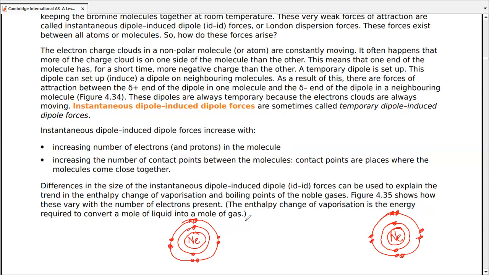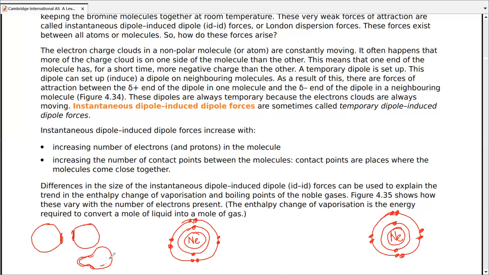Now, as long as they're far away from one another, there would be no forces of attraction. Once they come closer, the spherical atoms' electrons over here would repel the electrons over here. And for a very short moment of time, this structure would force this structure to distort itself.